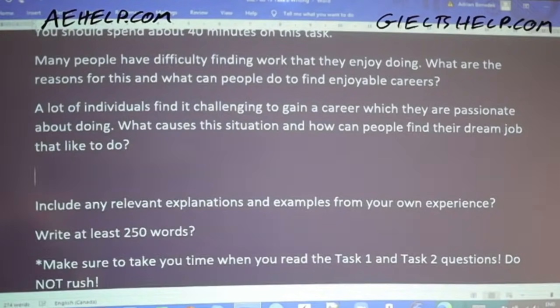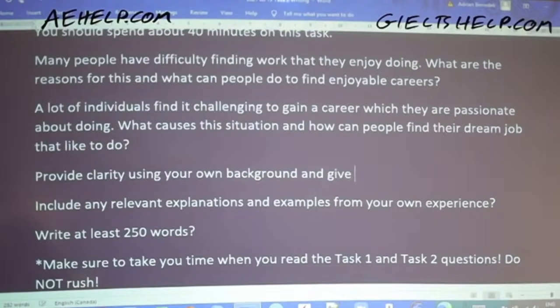So, provide clarity using your own background and give clear definitions. Okay.